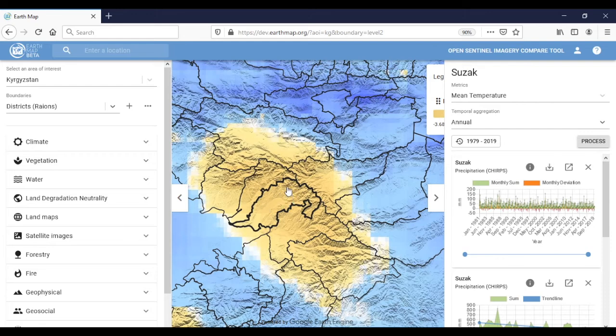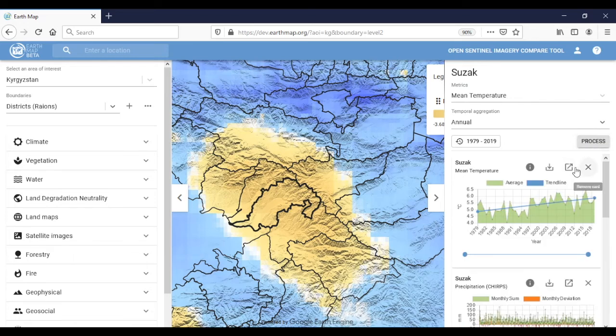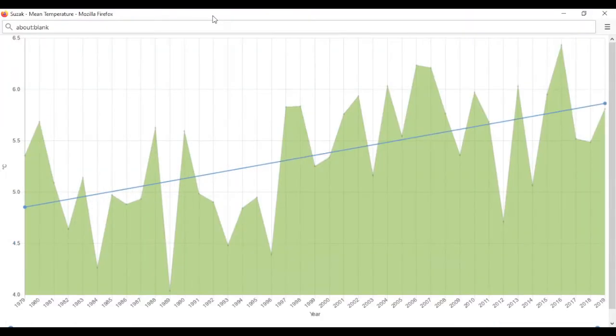So if we click again Susak and want to process the annual mean temperature, we will have the mean average annual temperature in Susak that increased from 4.8 degrees to 5.8 degrees in 2019 and has an overall upward trend. This can affect the water availability, vegetation intensity, and health conditions of grass in the mountain region.